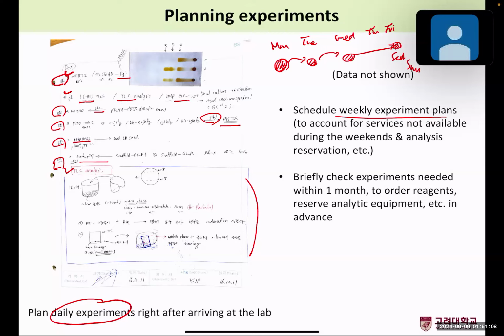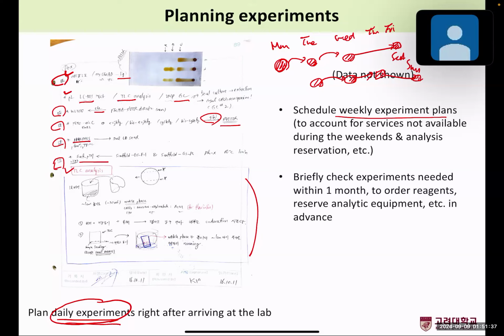And then another experiment, I start on Tuesday, I prepare on Wednesday, I do this on Wednesday, I also do something on Thursday, and then finish on Sunday, right? Something like that. So you need to briefly plan weekly experimental plans, and then on a daily basis, I strongly suggest you make a plan either before you go home or right after coming to the lab.